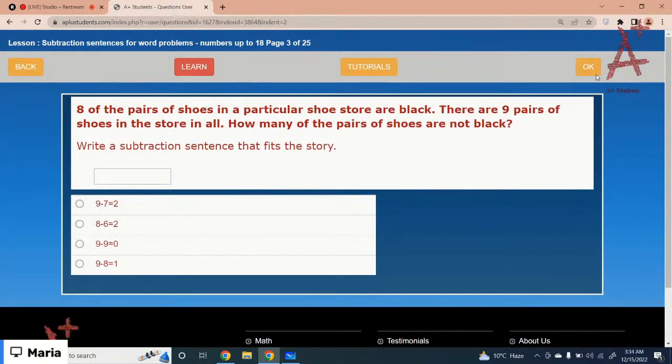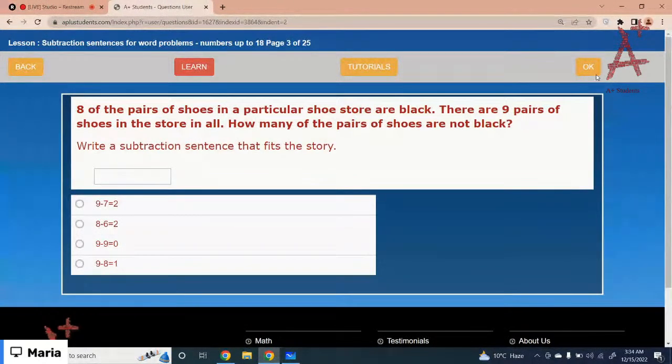Okay, 8 of the pairs of shoes in a particular shoe store are black. There are 9 pairs of shoes in the store in all. How many pairs of shoes are not black? You have to calculate the number of shoes that are not black. Got it? So you always write the greater number first. The greater one is 9. So you have to do 9 take away 8. Got it?